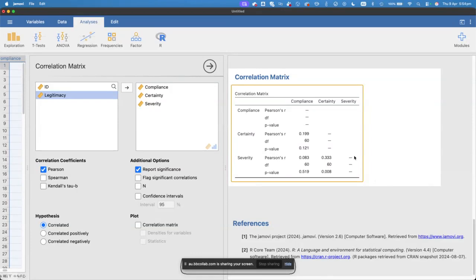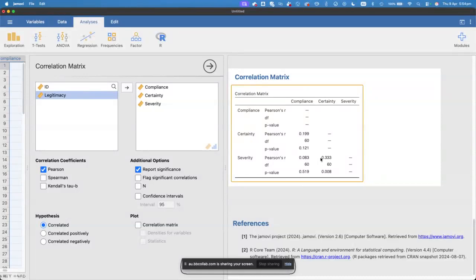Yeah, no worries. That's all good. So we'll start by looking at Pearson's r, which is the correlation. So we see a 0.119 correlation between certainty and compliance, a 0.083 correlation between severity and compliance, and a 0.333 correlation between severity and certainty.